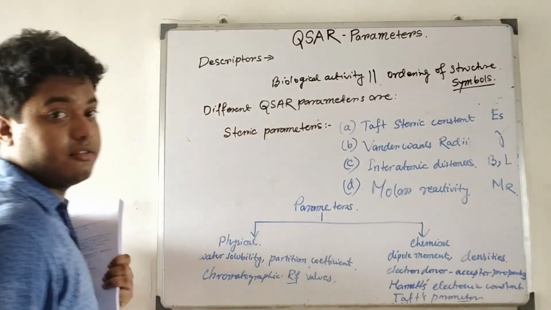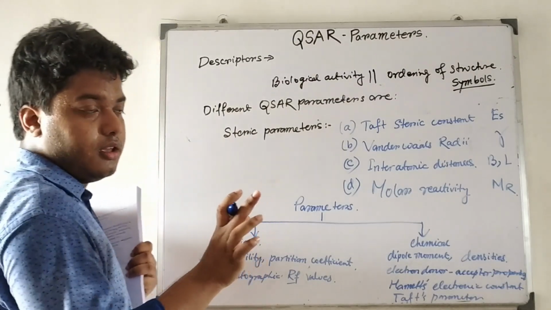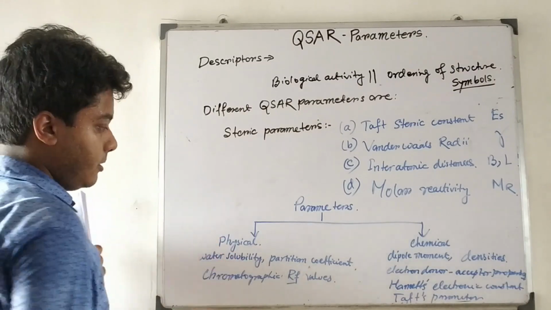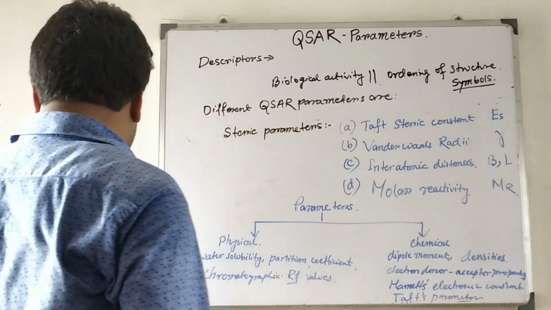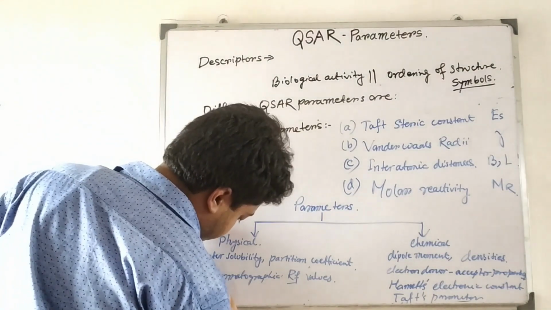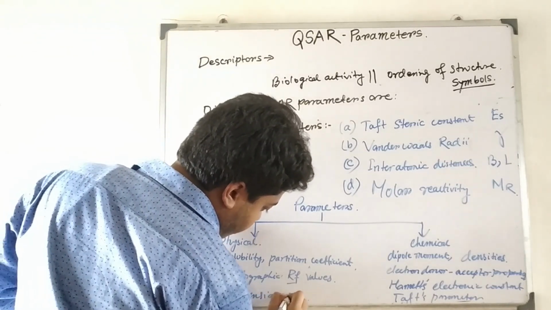Rf means retention factor, that means the distance traveled by the solute divided by the distance traveled by the solvent. This is the chromatographic Rf value. And we have surface tension and molecular weight.